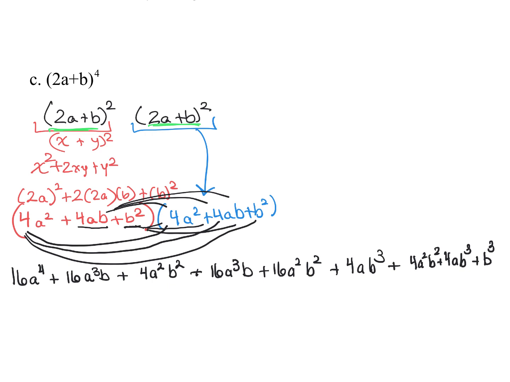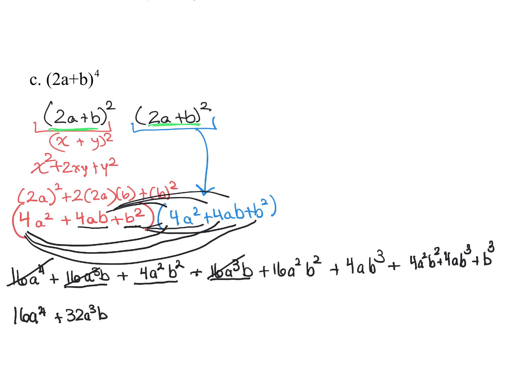So start with your biggest powers of a. So I'm going to start with a to the fourth. So I have 16a to the fourth. Now find your a to the thirds. So this is a to the third b, a to the third b. So that should be 32a to the third b's. And then your a squared.